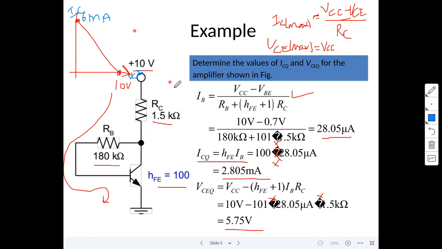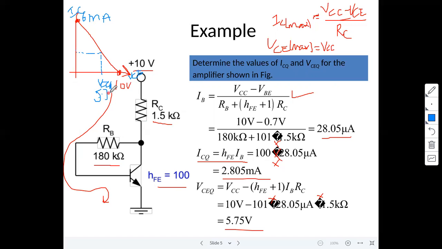Now we calculated the ICQ. ICQ is 2.8, approximately maybe like this, and this is VCEQ, which is 5.75.